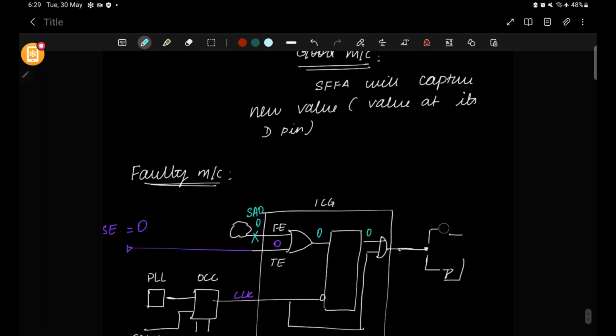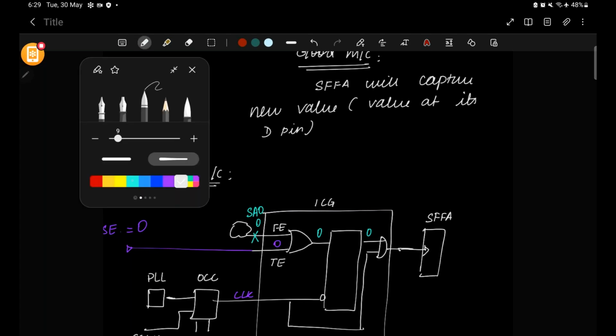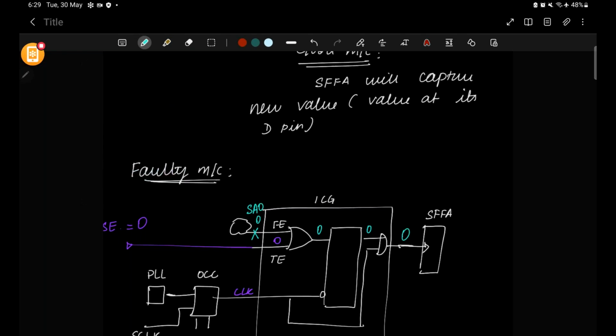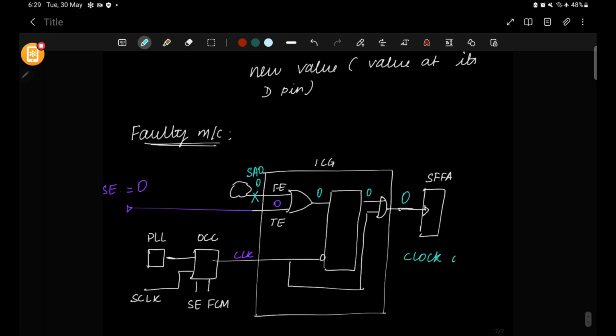So for simplicity, I'm just considering one flop. This is scan flop A. So here also it will be 0. So what is happening? Clock is not pulsed.